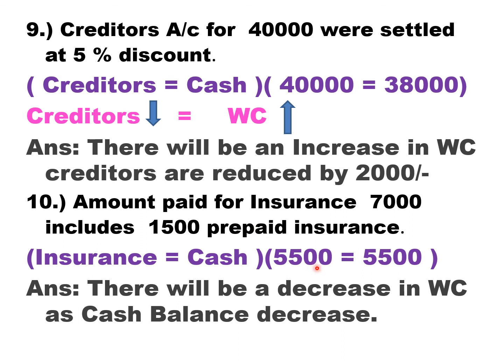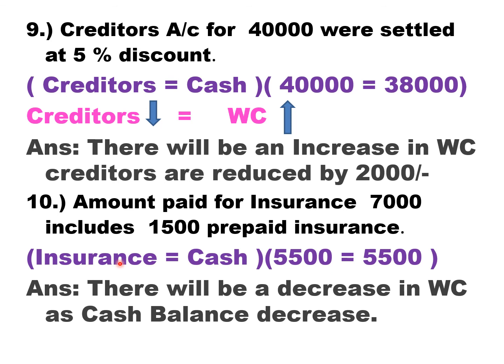So net you should only consider 5,500, because you pay cash, 1,500 as prepaid. Prepaid is a current asset, cash is a current asset. Current asset, there is no change in working capital. So you should take the remaining 5,500.